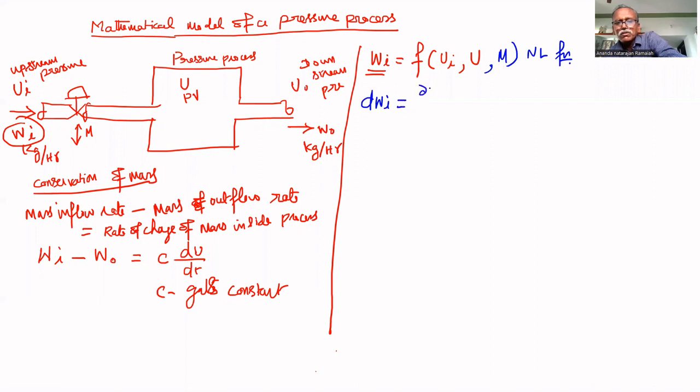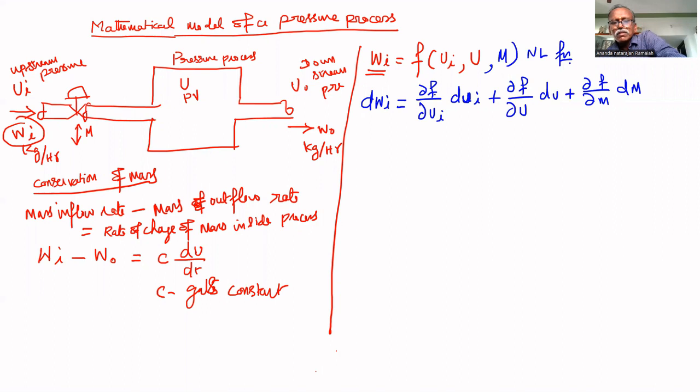What you will get is dou f by dou Ui dUi plus dou f by dou U dU plus dou f by dou M dM. This is total differentiation of this function.